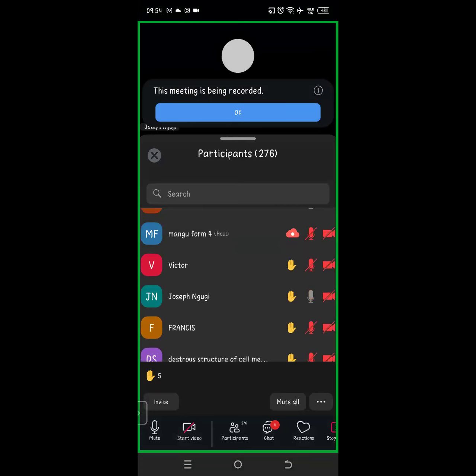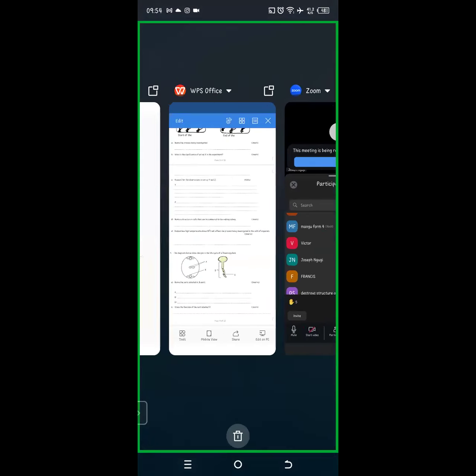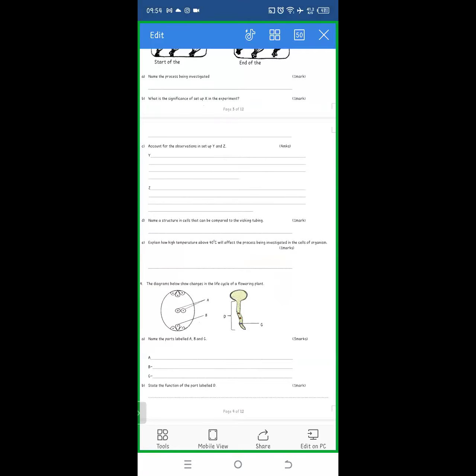I think it will drop drastically or sharply. Why would you say so? So due to high temperatures, you say the cell membrane, because we are investigating osmosis, will be denatured, so water will not move through the cell membrane, hence the process will not take place. Yes, that is a good one.